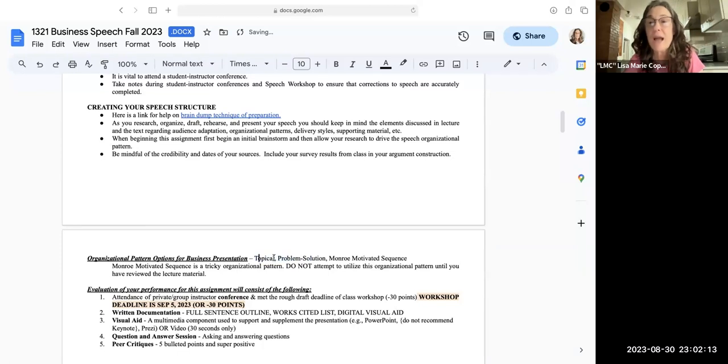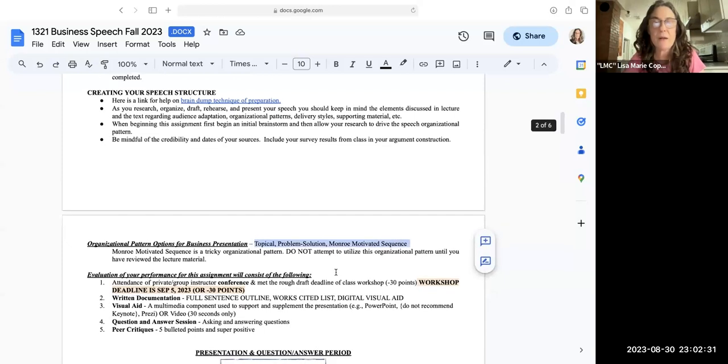Now, if you want to give a business presentation and use a spatial or chronological organizational pattern, I'll make a modification of my prompt for you, as long as it's a business presentation, but the default would be this here.